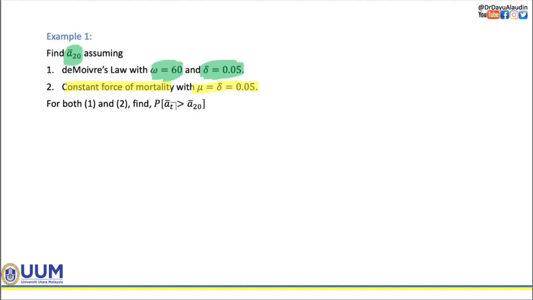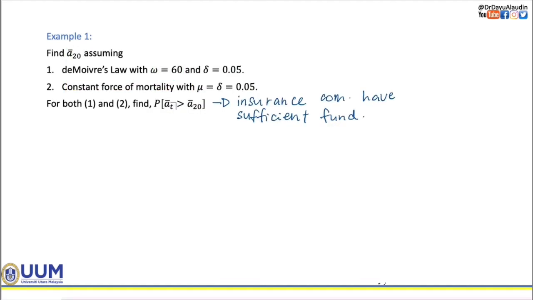For both case 1 and 2, find the probability that the present value is greater than the annuity. What does this equation mean? It means that the insurance company has sufficient funds to pay the annuitants. So the present value can cater for the annuity.